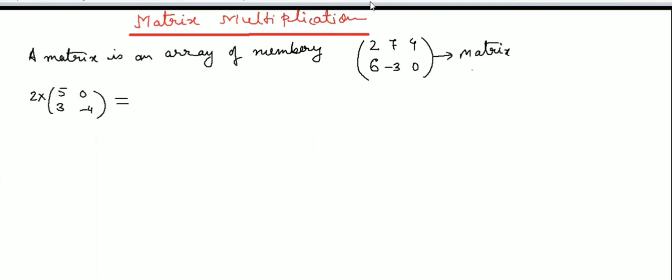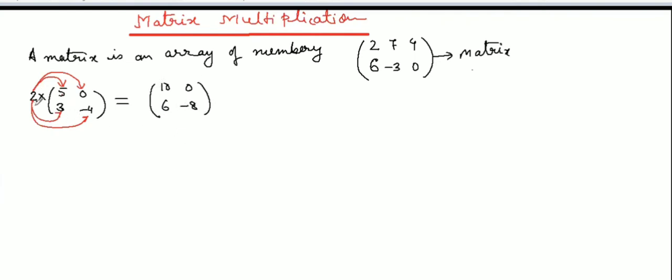Just multiply 2 by each number, and we will not change the place of any number, just multiply and write as it is. So 2 multiplied by 5 is 10, 2 multiplied by 3 is 6, 2 multiplied by 0 is 0, and 2 multiplied by minus 4 is minus 8.